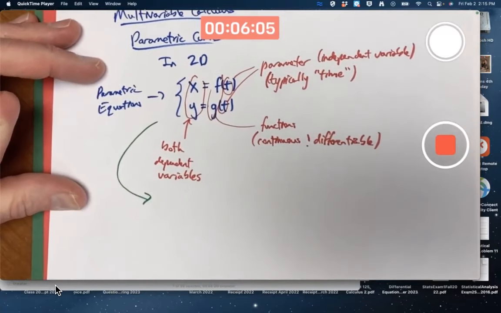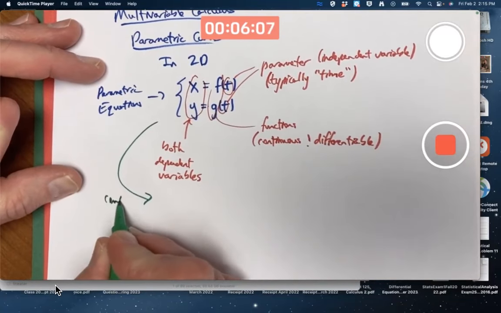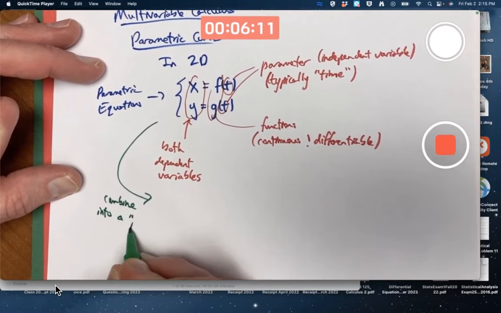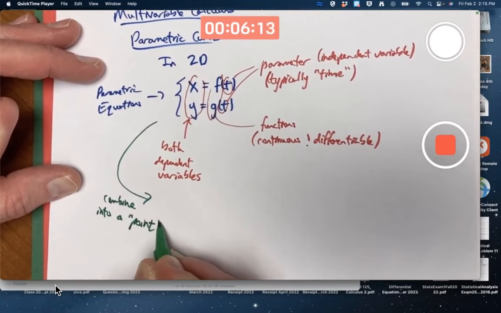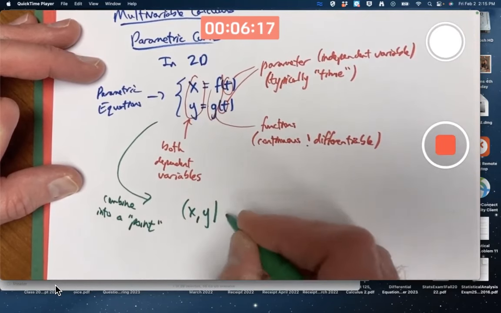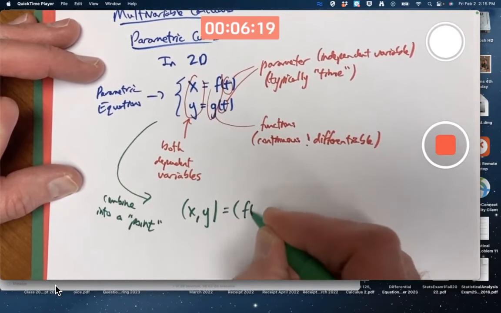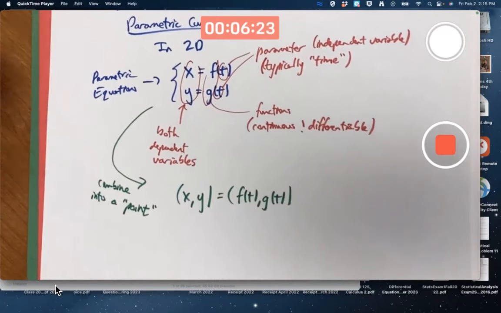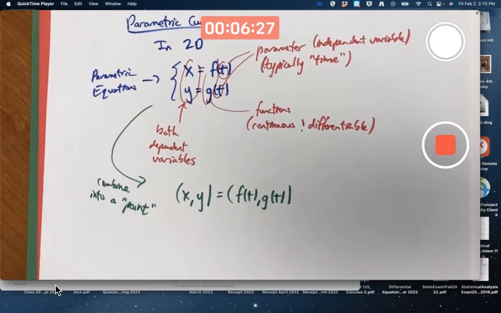You could effectively combine these into a quote unquote point (x, y) equals (f of t, g of t). And that point becomes a single two-dimensional dependent variable, if you like.